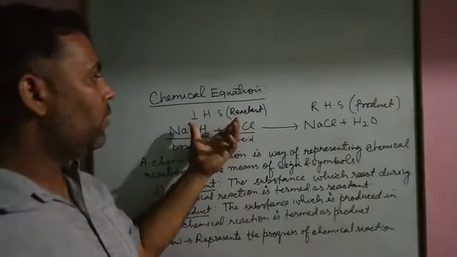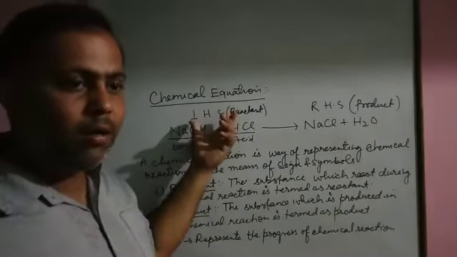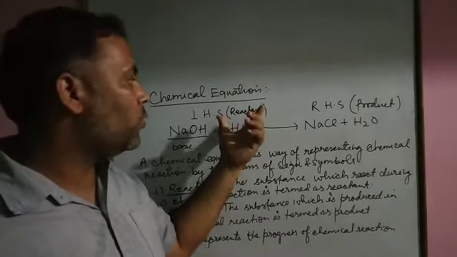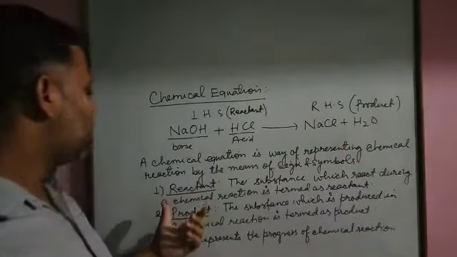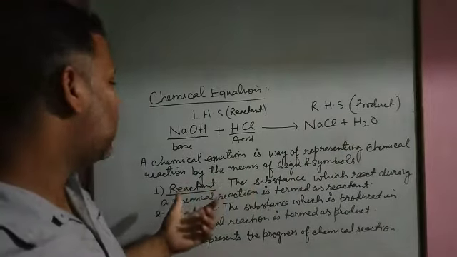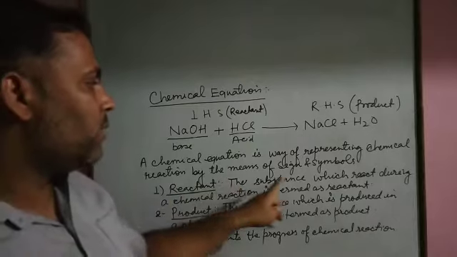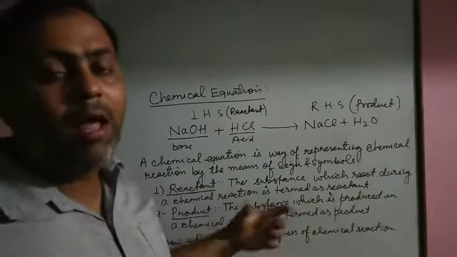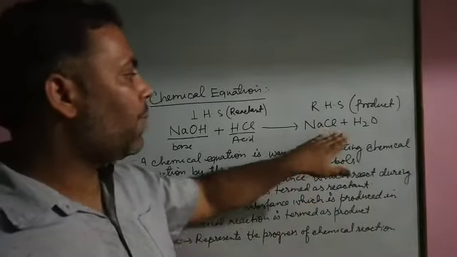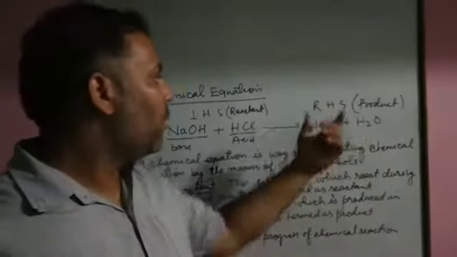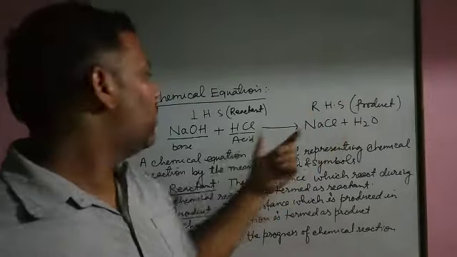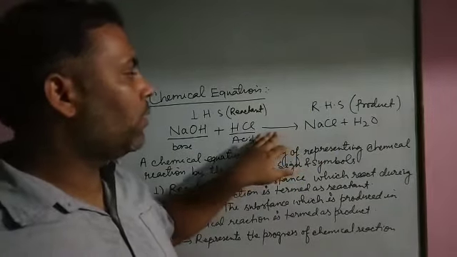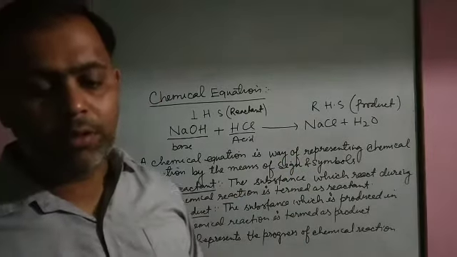This is the left hand side, where we have the reactants which react to produce the products. The substance which reacts or undergoes chemical reaction is termed as a reactant, and the substance which is produced during the chemical reaction is termed as a product. Products are represented on the right hand side. The arrow represents the direction or the progress of the chemical reaction. Clear?